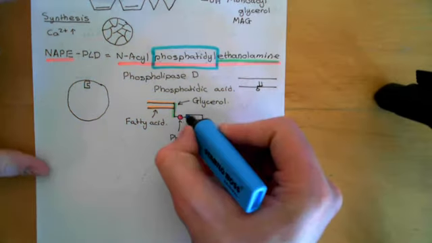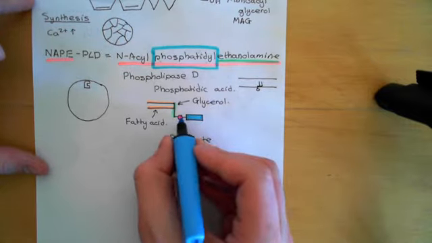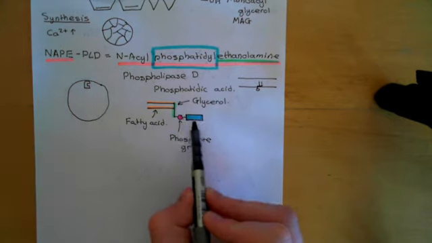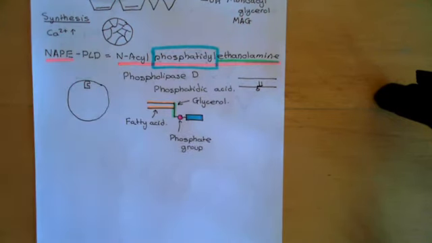So this is the alcohol side of the ethanolamine that is attached to the phosphate group. That's the important bit to understand: this is the alcohol side and the amino group is free over here. So that is now phosphatidyl ethanolamine.